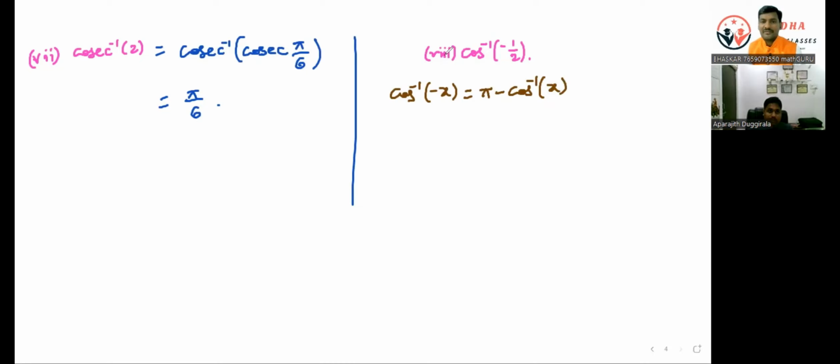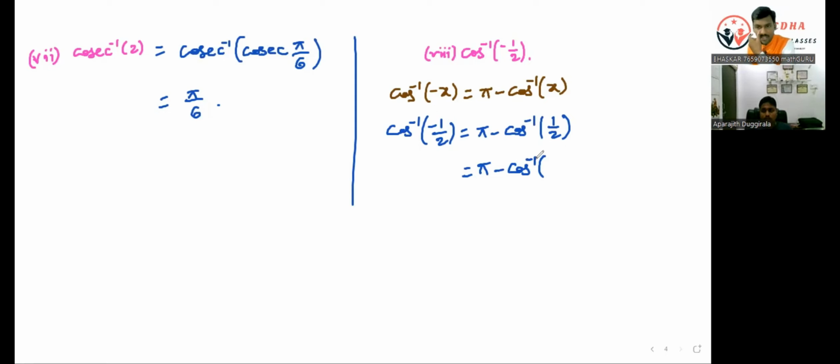If we apply the formula, then cos inverse of minus 1 by 2 is equal to pi minus cos inverse of, so here x means 1 by 2. So now pi minus cos inverse of 1 by 2.